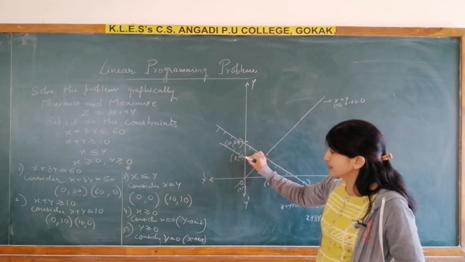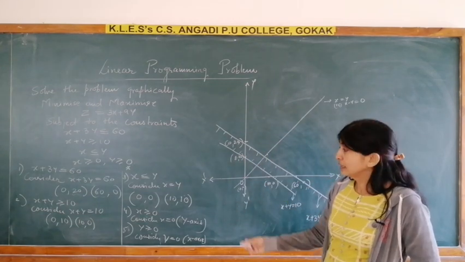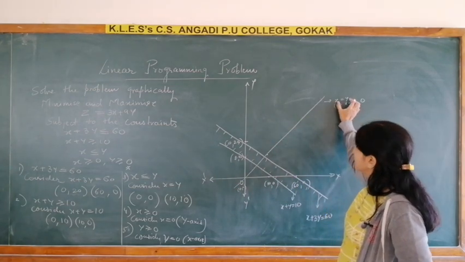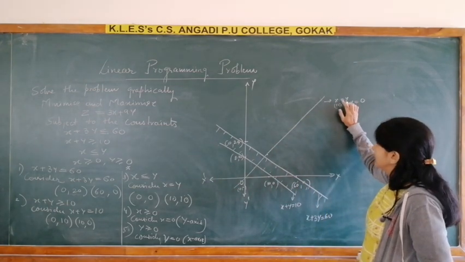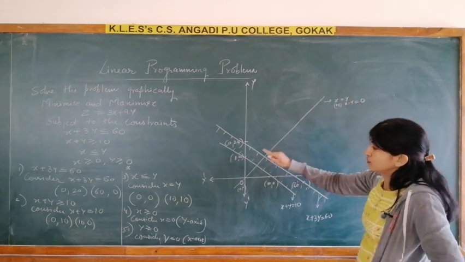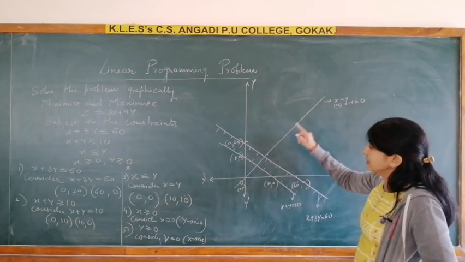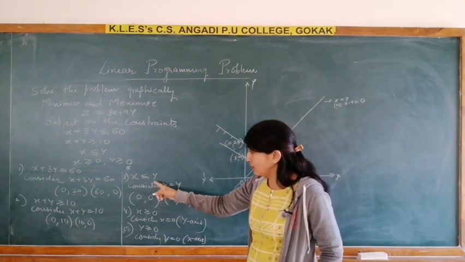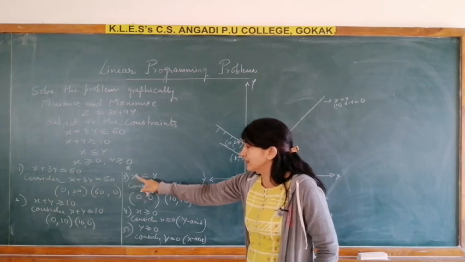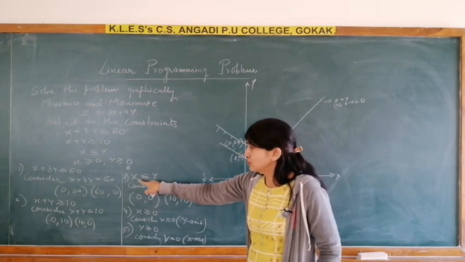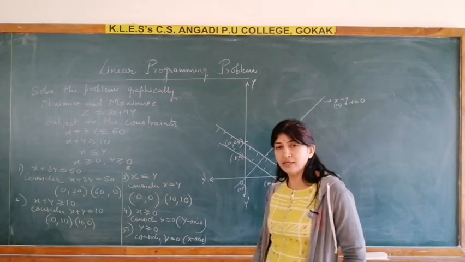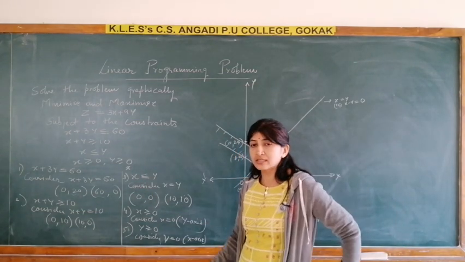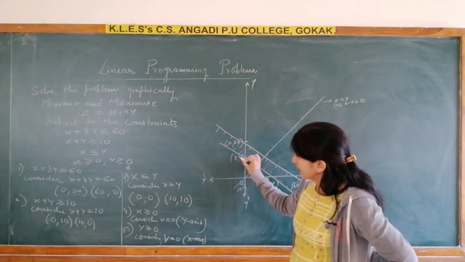Suppose I consider 0 comma 10, I will substitute it in this equation, x is equal to y, using the inequality. x is 0, y is 10. So, x is less than 10. It is true. Any point you can take.